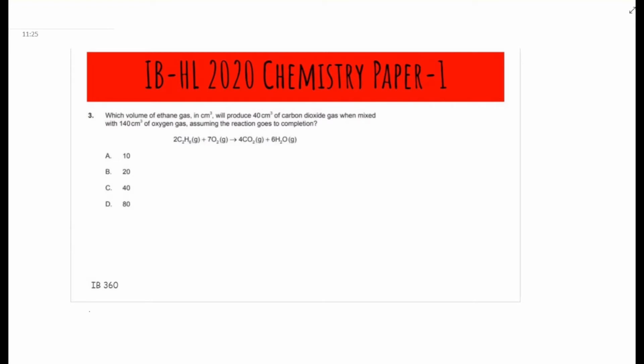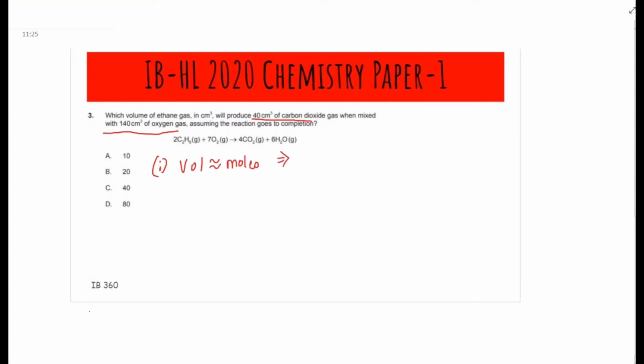This is a slightly difficult question. You need to calculate the volume of ethane gas that will produce 40 centimeter cube of carbon dioxide gas when mixed with 140 centimeter cube of oxygen gas. Firstly, to solve this question, we need to know that we can directly convert volume to moles.